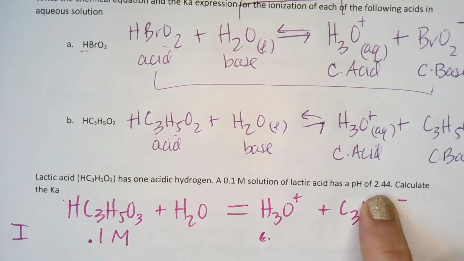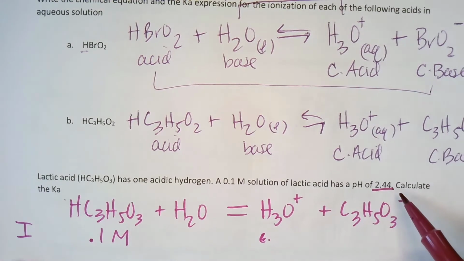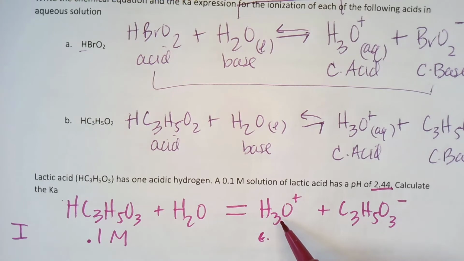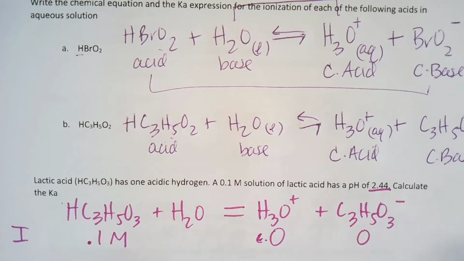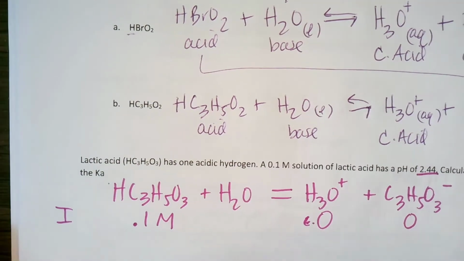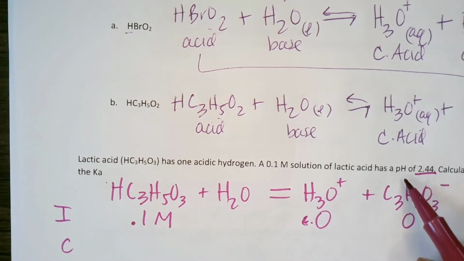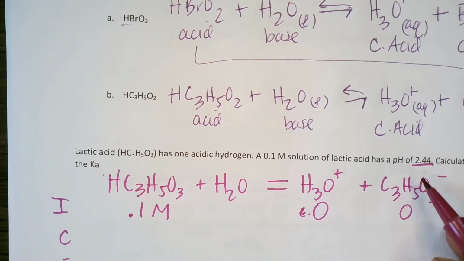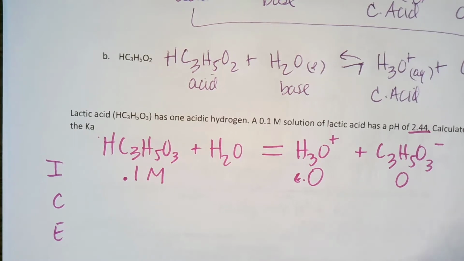Calculate the Ka. So we know that this 2.44 is coming from my H plus, or my hydronium, at equilibrium. So we know that initially I also have 0 concentration of my products. So let's find this change. Let's find the equilibrium. But first, let's change our pH into concentration. We know that pH is equal to the negative log of our H plus, or H3O plus.